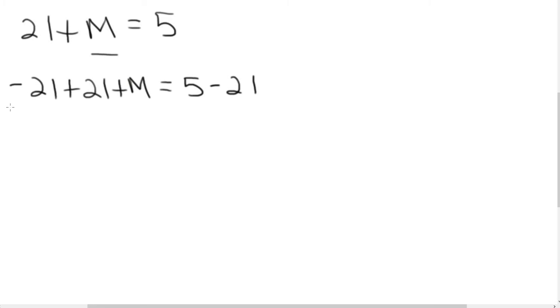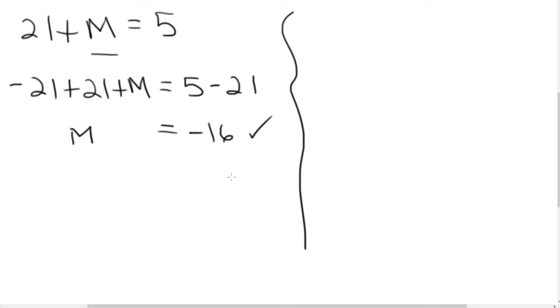So positive 21 and negative 21, that goes away. We're left with m. And we also know that if we subtract the same number from both sides, it just gives equivalent equations. So 5 minus 21 is negative 16.